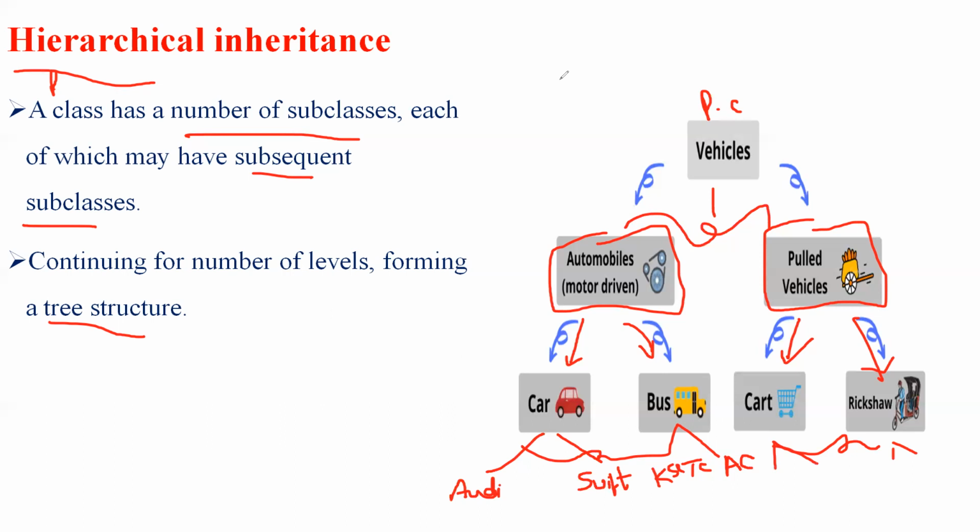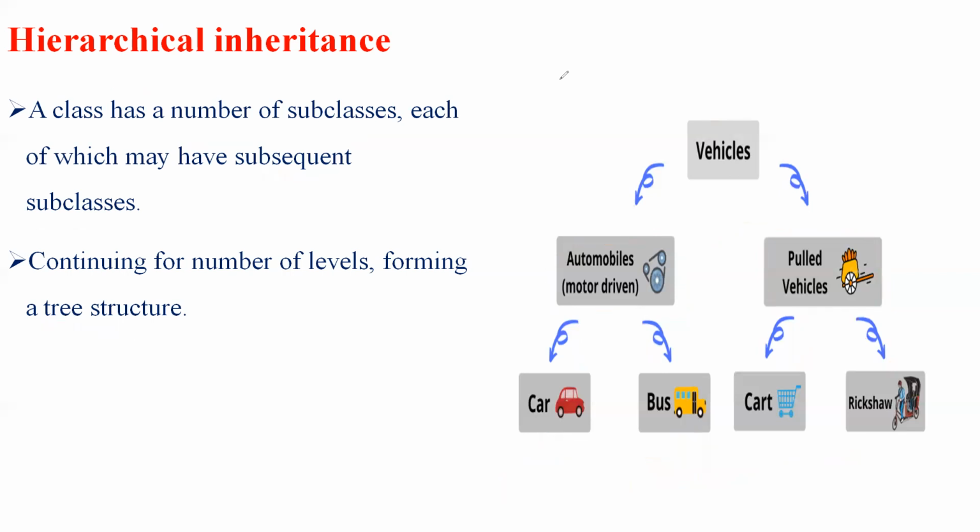So hierarchical inheritance, on developing n different levels, will form a tree-like structure.